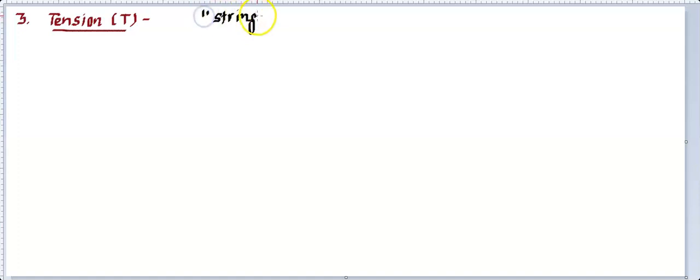String has some assumptions. We have talked about this part earlier as well, but I'm still going to explain it in short. Let's say this is a string, having a length between terminals A and B. We will assume its length remains constant.